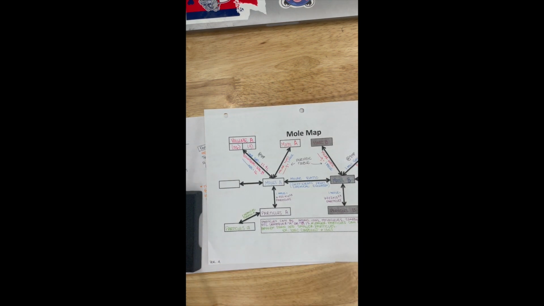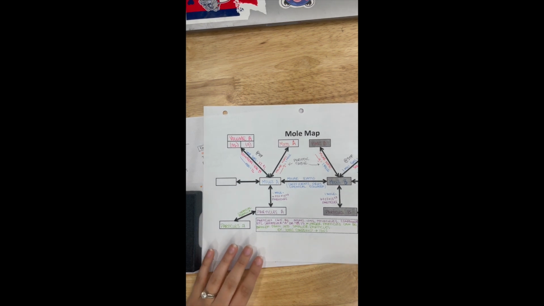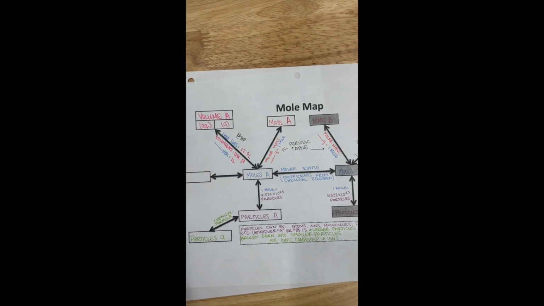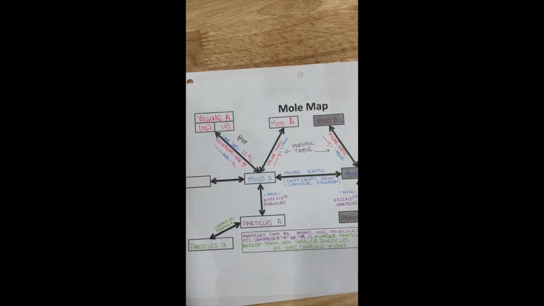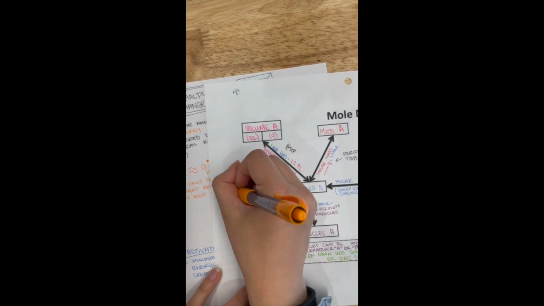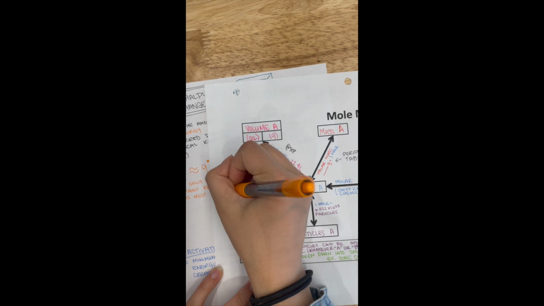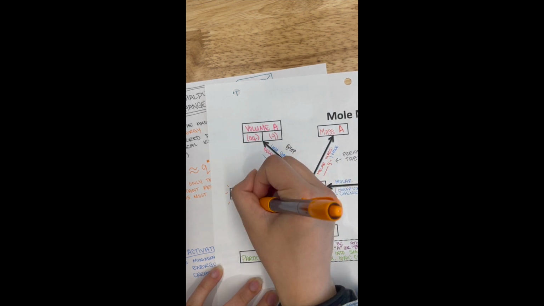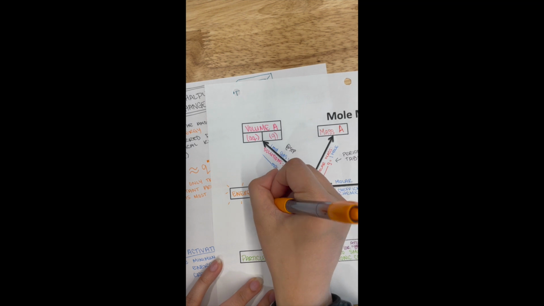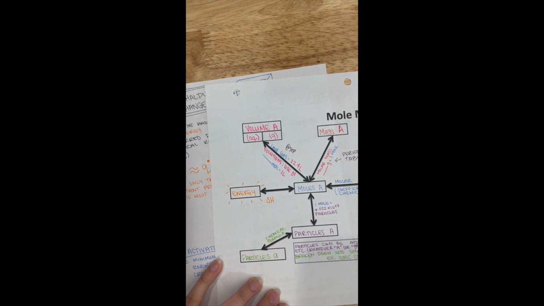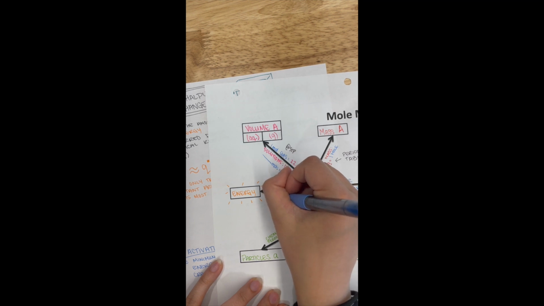We can relate moles to energy, and the way that we do this is through our enthalpy delta H value. So, if you have your mole map out, zoom in a little bit. Our last thing that we can convert to is energy. We can now convert to energy, right? And the way that we do that is that our delta H value is equal to our molar ratio.